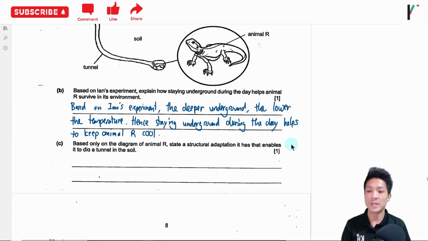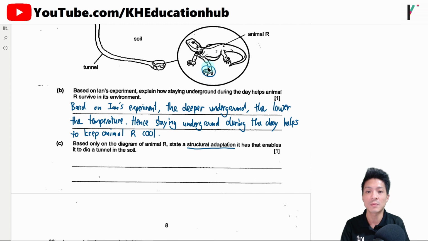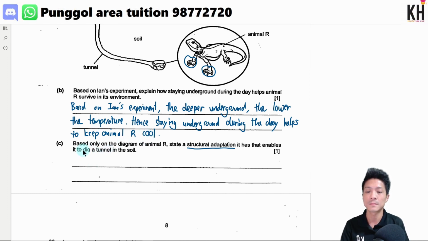Okay, part C, based only on the diagram of animal R, state a structural adaptation it has that enables it to dig a tunnel in the soil. So we can see that animal R has got sharp claws, so probably that is a structural adaptation that helps it to dig a tunnel underground.